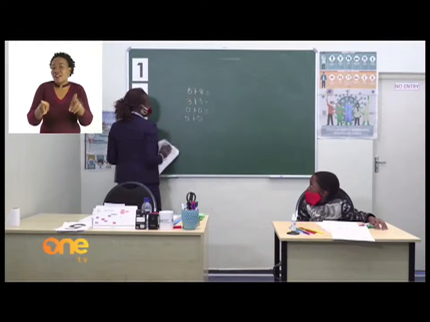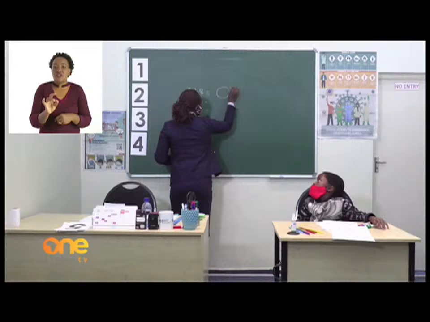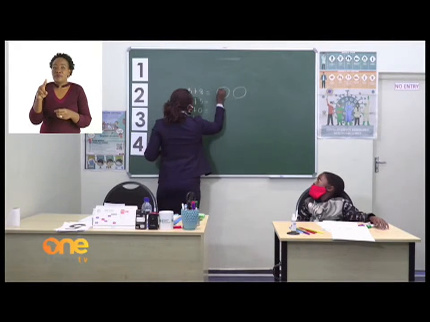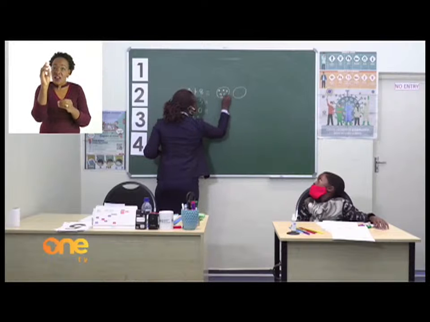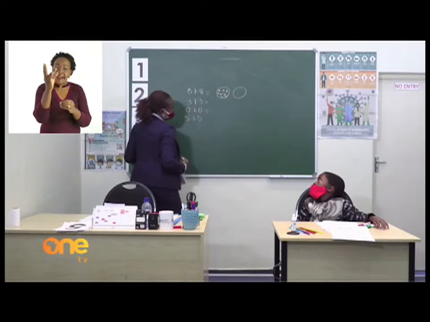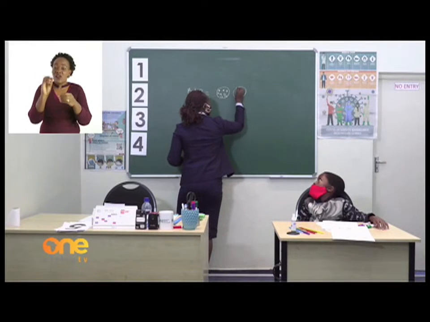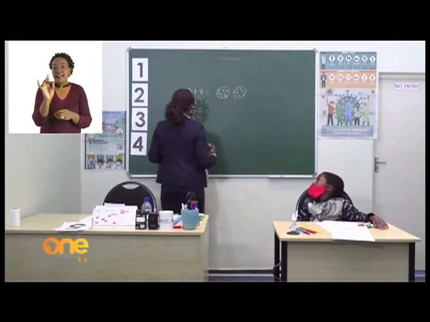We have 8 here, so we put our 2 circles. We put 8 dots, 1, 2, 3, 4, 5, 6, 7, 8. We put again 8 dots in this circle, 1, 2, 3, 4, 5, 6, 7, 8.